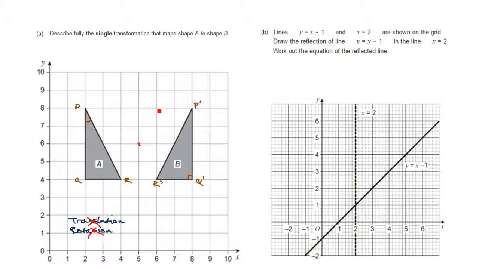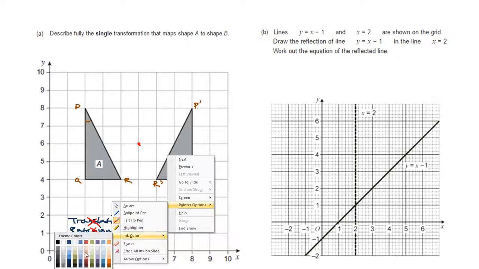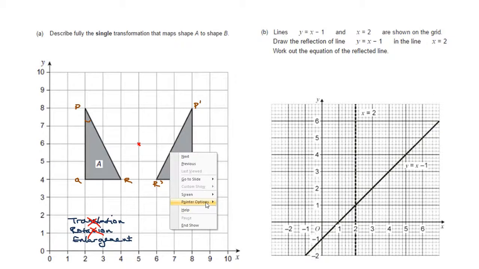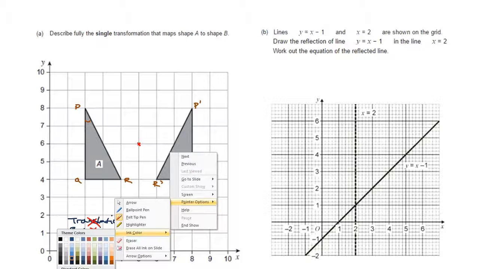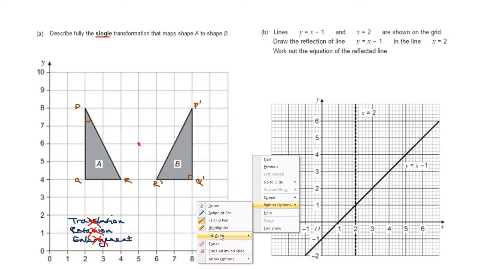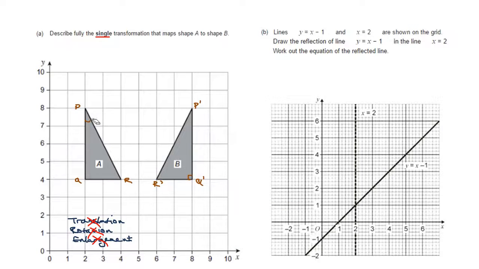So no, it can't be an enlargement. So I can rule out enlargement as well. Of course, it could be an enlargement followed by a rotation, so that might work, but we're asked for a single transformation, so the only single transformation that's going to work here is going to be a reflection, and that makes sense. It looks like a reflection.